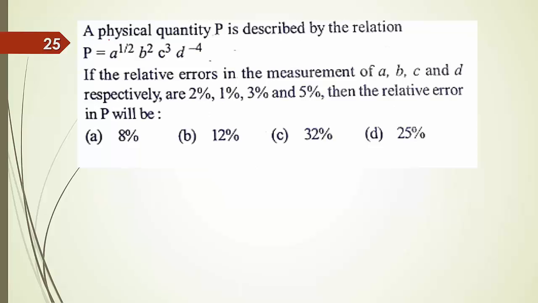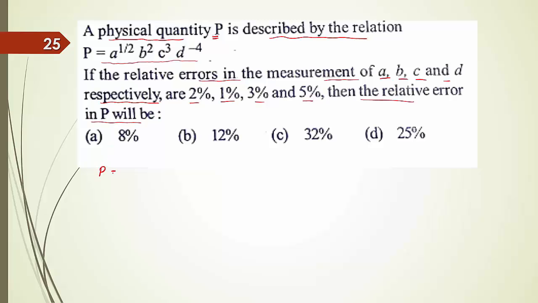25th question. A physical quantity P is described by the relation P equal to A raised to 1 by 2, B square, C cube, D raised to minus 4. This is the given equation for one physical quantity. If the relative errors in the measurement of A, B, C and D respectively are 2%, 1%, 3% and 5%, then the relative error in P will be.